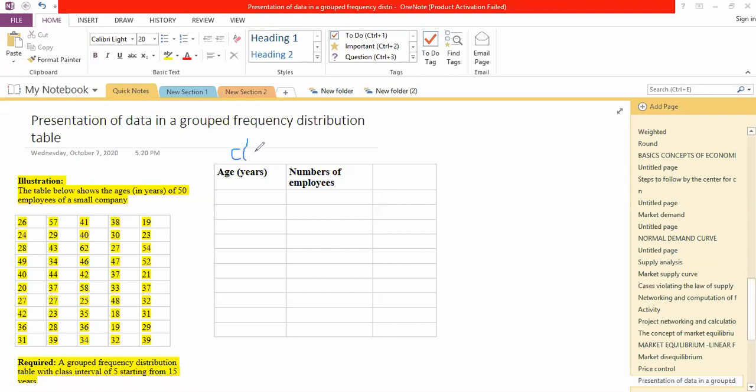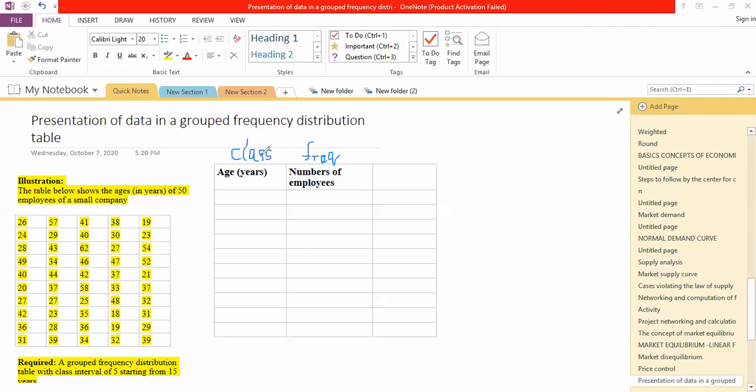Of course, you give it a name. Ours is the age measured in years. And the next column is what we call the frequency. In our case, we have called it the number of employees. You can as well call it the number of workers in that organization whose age are falling between this and that. So this is a frequency, this is a class.